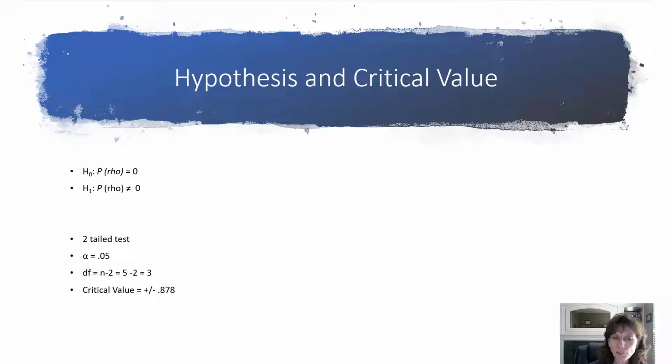If you went to one of those tables, either in the back of a textbook or online, you'll find the critical value that corresponds to those values is plus and minus 0.878. So that's going to be our critical value. If I get a positive correlation higher than 0.878, or a negative correlation less than negative 0.878, I'm going to reject my null hypothesis.